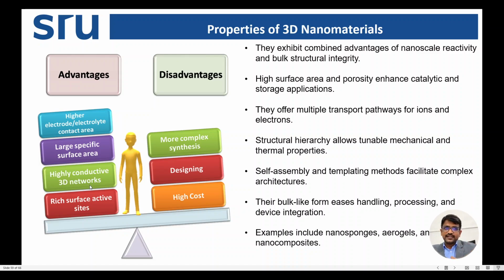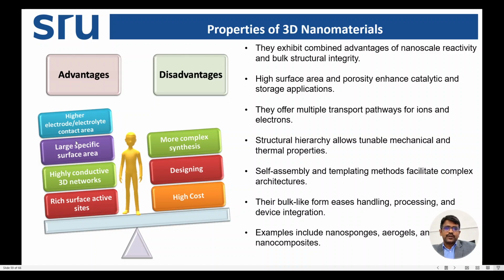This 3D network we cannot find in 0D, 1D, or 2D. So this is more advantageous, a promising and potential nature of three-dimensional nanomaterials. It has highly conductive 3D networks and also rich surface active sites.